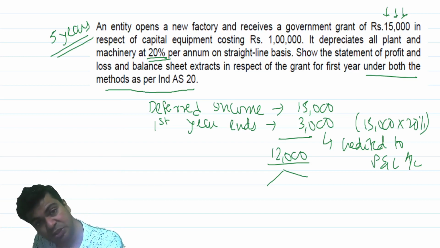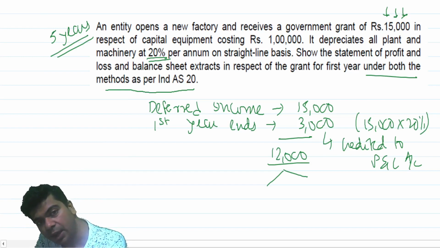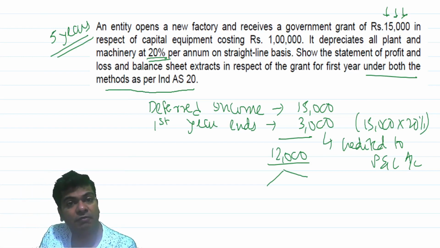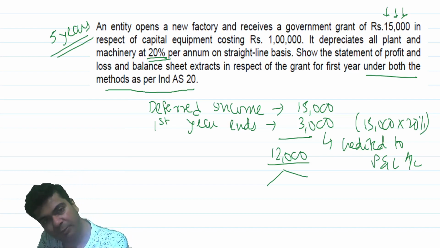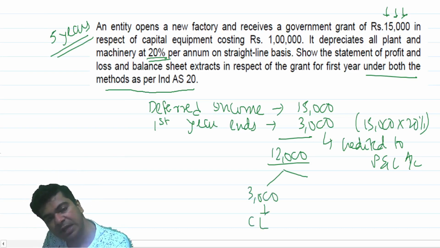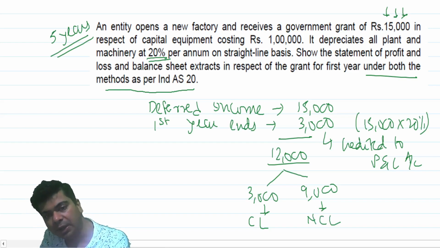This 12,000 which I will report in the balance sheet should be now split into its current and non-current components. Anything that will reverse within the next 12 months will be considered to be current. Now we know that every year 3,000 will be credited to the P&L. Hence, out of 12,000, 3,000 will be treated as a current liability, and the balance figure of 9,000 will be treated as non-current liability.